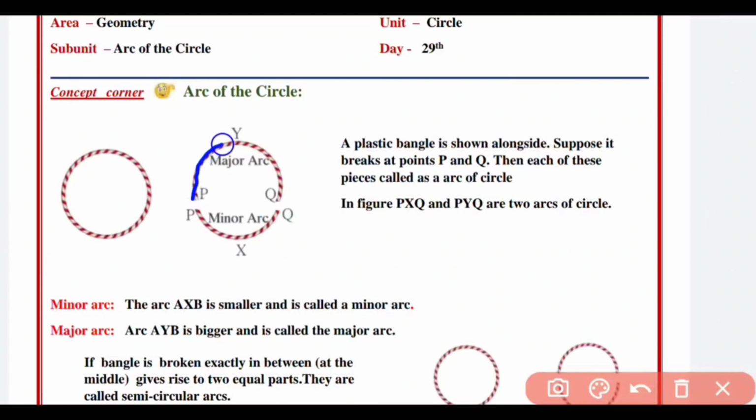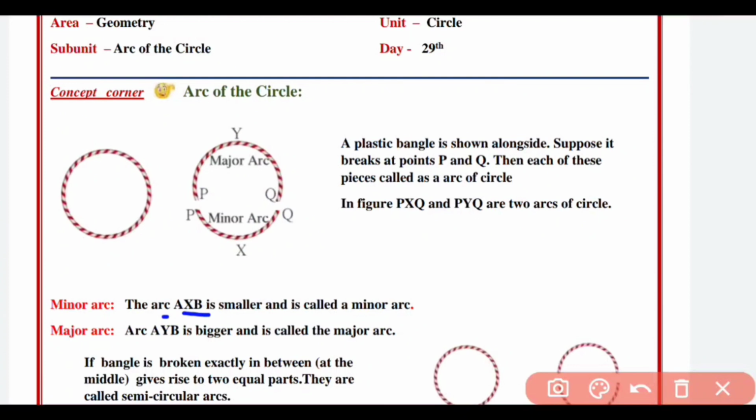So the major part, the bigger part, is known as the major arc, and the smaller part is known as the minor arc. So arcs are nothing but parts of the circle. Here we can see the minor arc is AXB. Can you see here? Arc AXB is the smaller arc, and that's why it is called the minor arc.